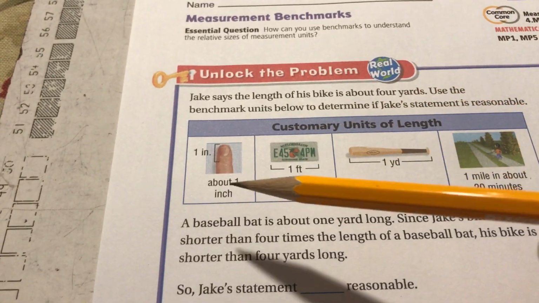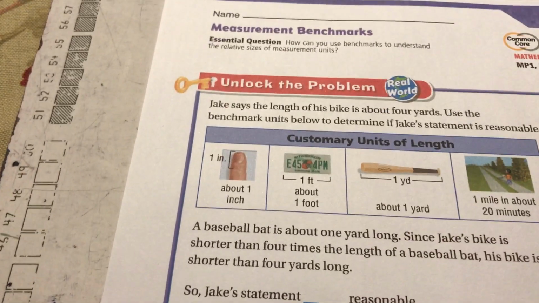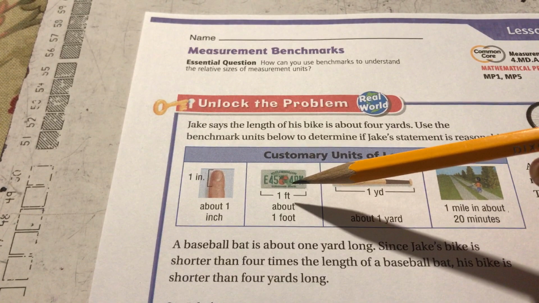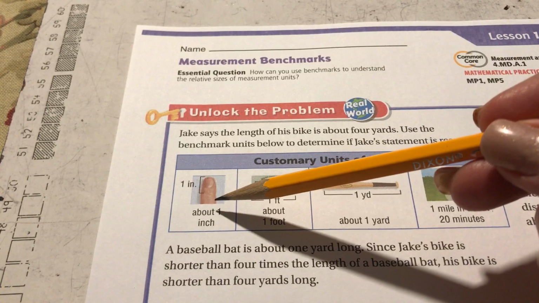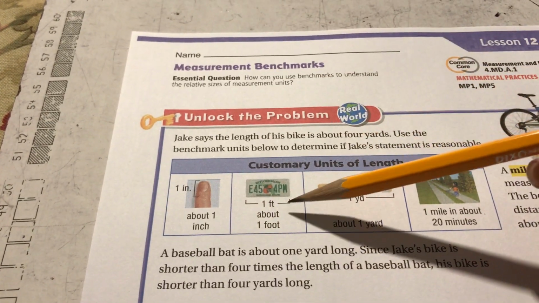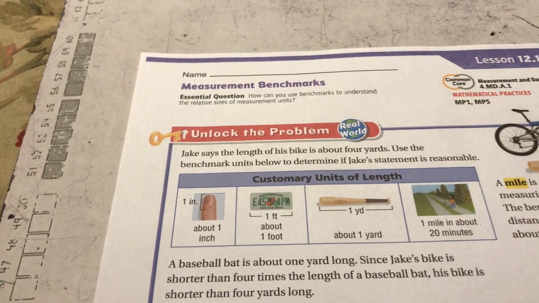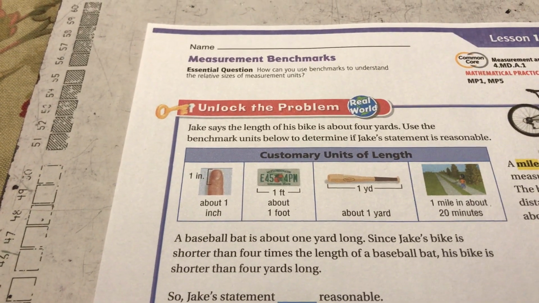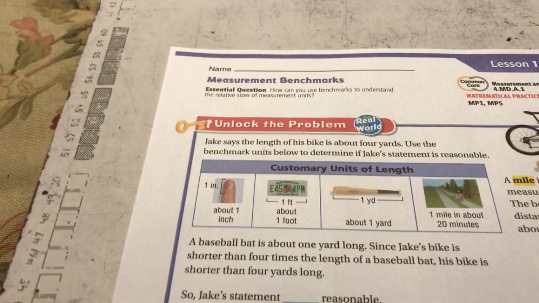The first one to figure out is about an inch. About the tip of your finger is about 1 inch. If you ever wanted to measure anything that's small, you probably want to use inches, and you might want to use your fingertip if you don't have a ruler. About 1 foot is the size of the license plate on your car. So that would be an object you can use to measure feet if you didn't have a ruler or a tape measure.